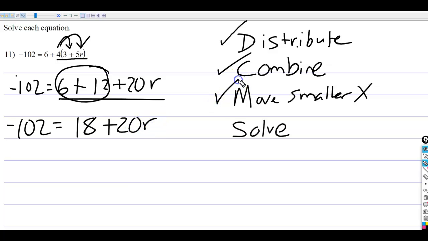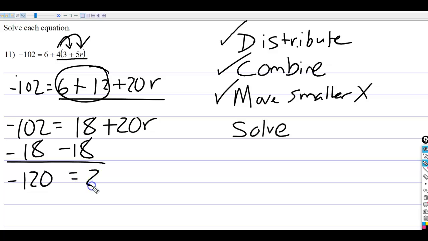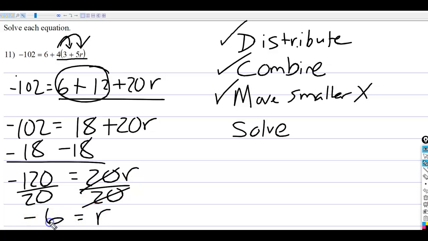Next one says move the smaller x. Now in this case, I don't have a variable on both sides, so we're going to skip that step. And from there, we just solve. And there you have it. Let's go ahead and move on to another one.